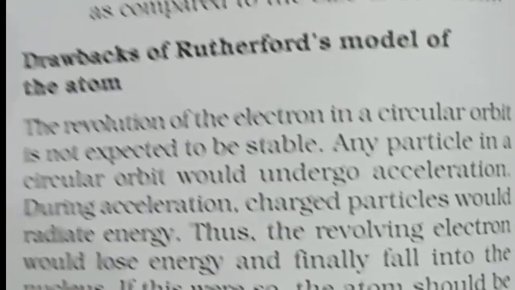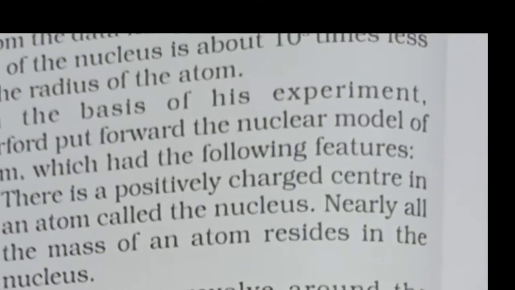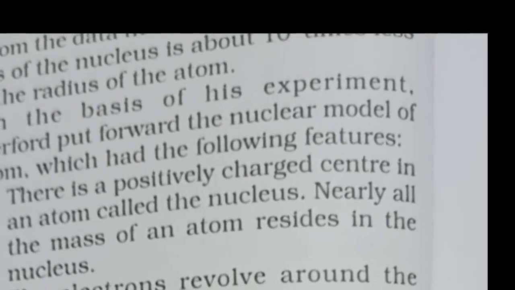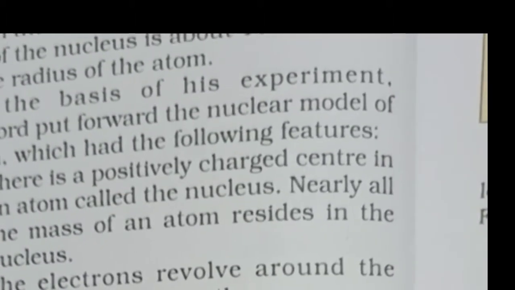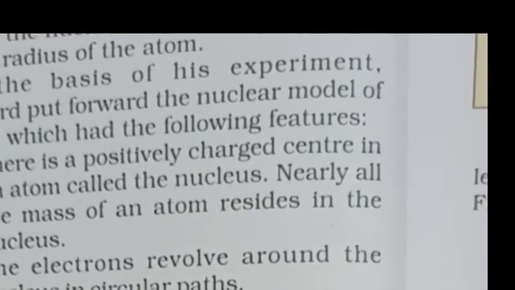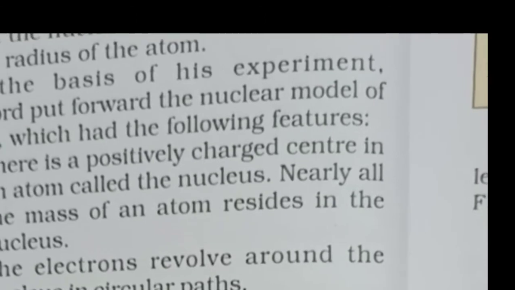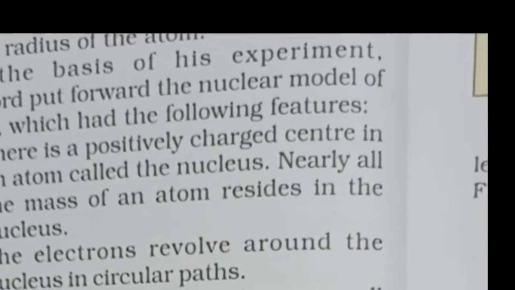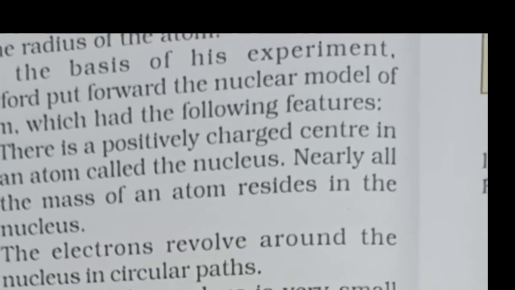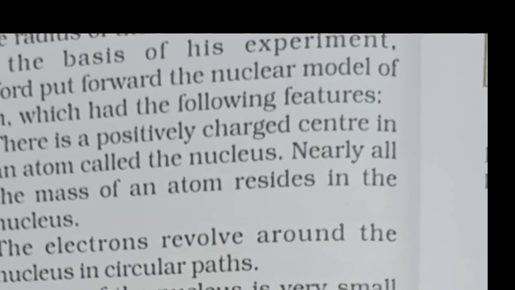See, try to understand what is being told in this paragraph. If any particle is moving in a circular orbit, then its motion is accelerated. Acceleration takes place. And when acceleration takes place, then what happens?